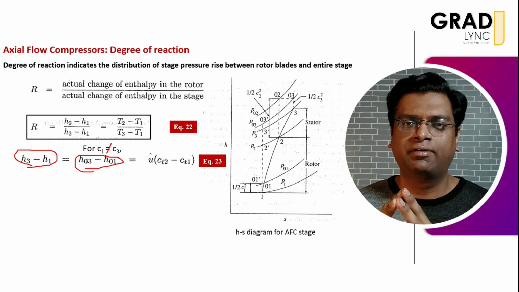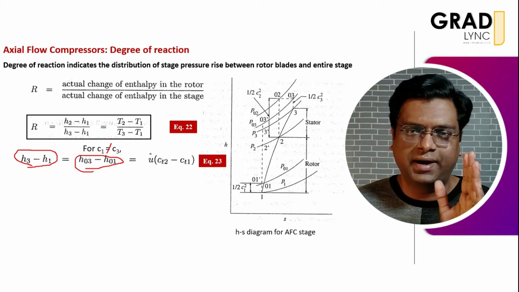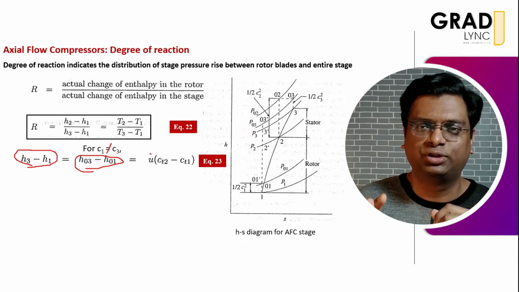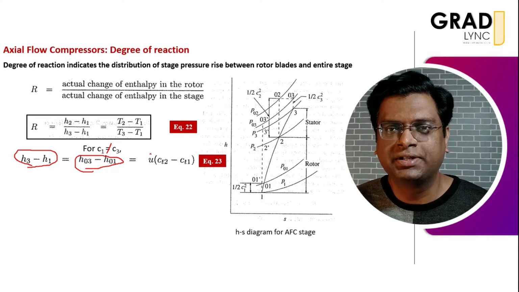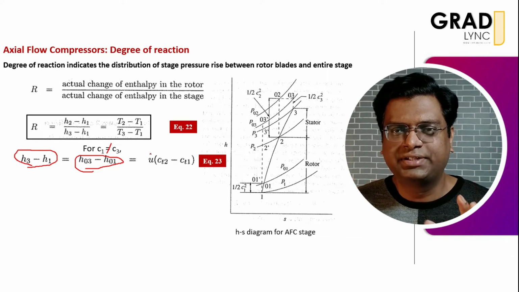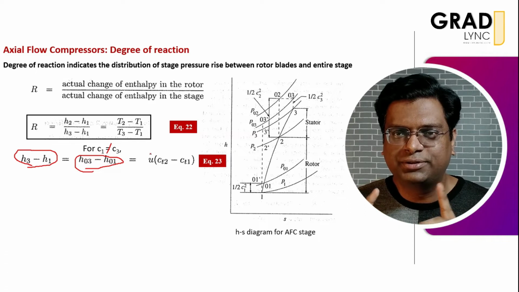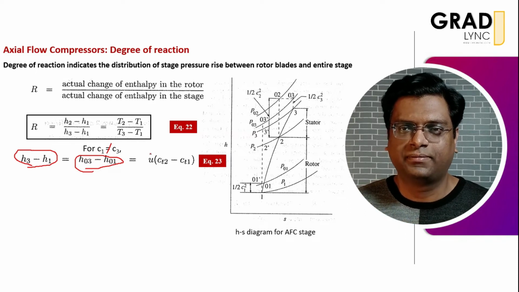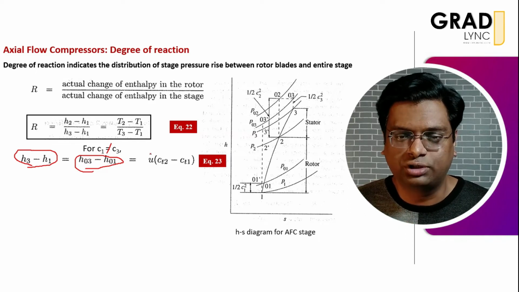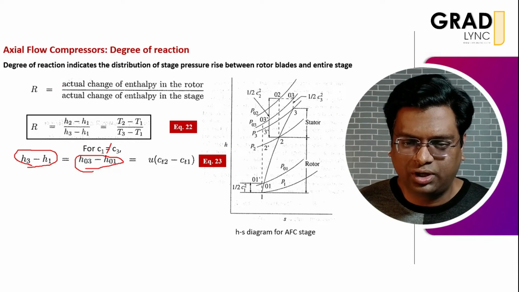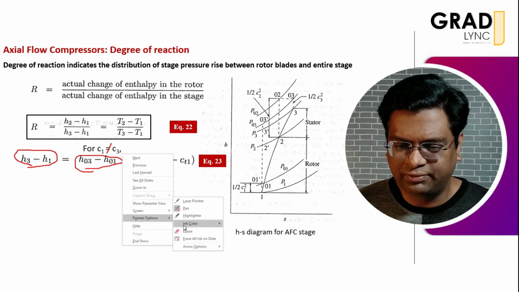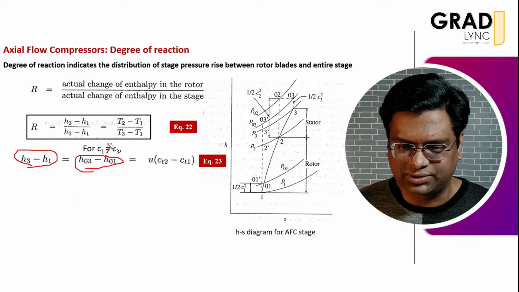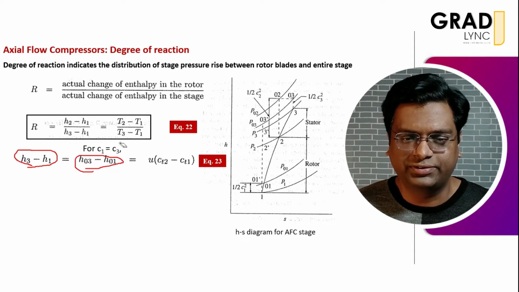At this point, I would like to differentiate the axial velocity and the absolute velocity. Please understand, the axial velocity is CA, the absolute velocity is C1. Here we are talking about the absolute velocity, right? So the assumption is the absolute velocity remains constant. That means C1 is equal to C3.